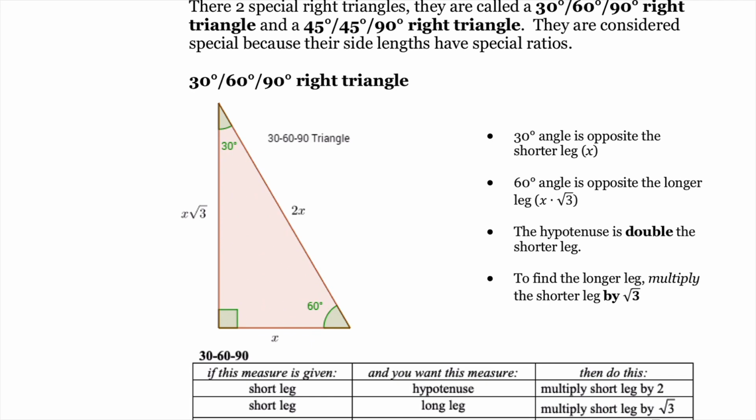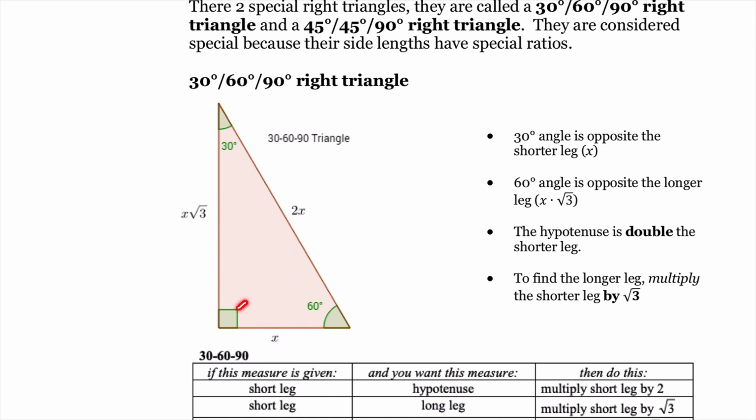Because it's a right triangle. It still has two legs and a hypotenuse. All right triangles have two legs and a hypotenuse, okay? So these two guys are the legs. The shorter leg is just x. The longer leg is the same x times the square root of 3, okay?